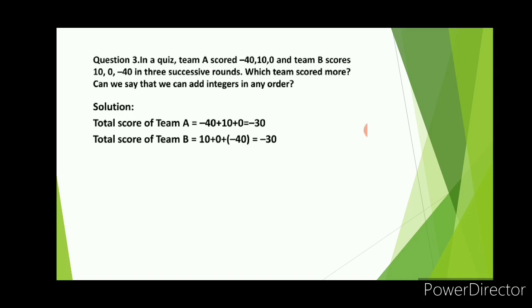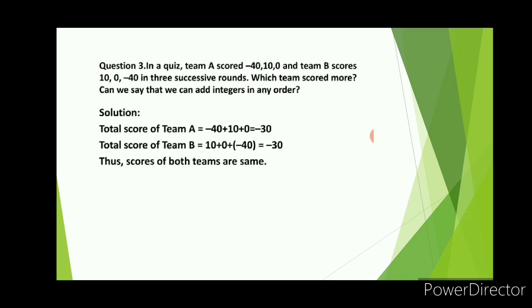Next we will find the score of team B. First round they scored 10, second round 0, third round minus 40. So 10 plus 0 is 10. 10 minus 40 is minus 30. From this, what do you know? Both teams scored the same marks. Thus, the scores of both teams are the same.